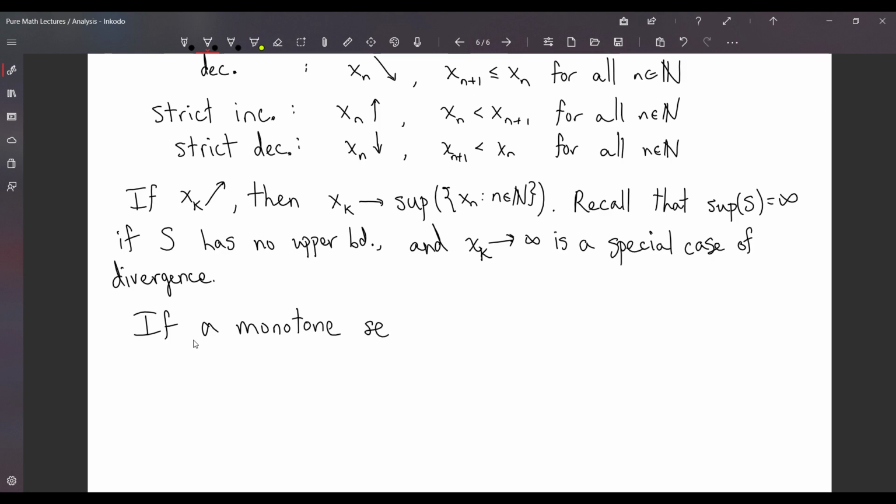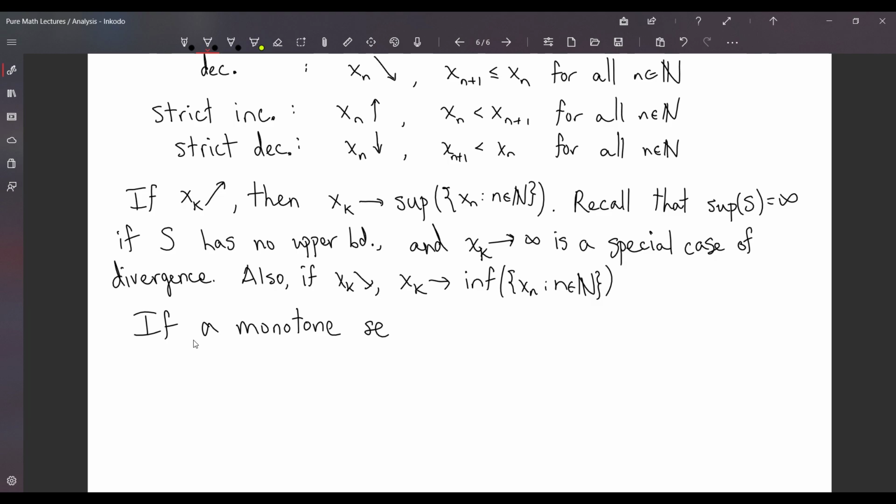And also, of course, if x sub k is decreasing, then x sub k goes to the infimum, right?